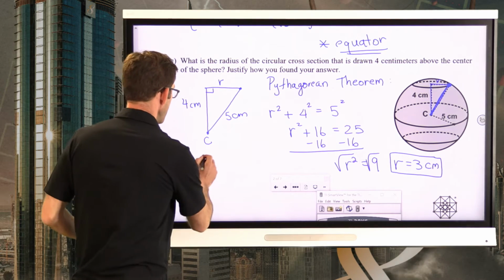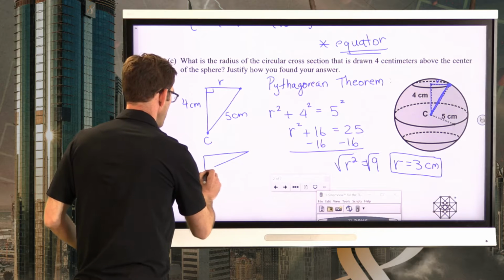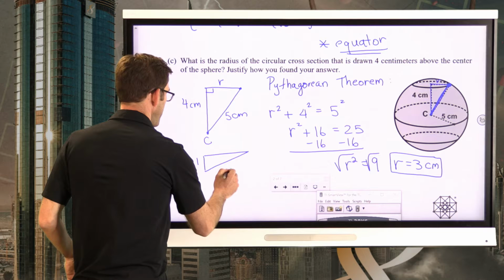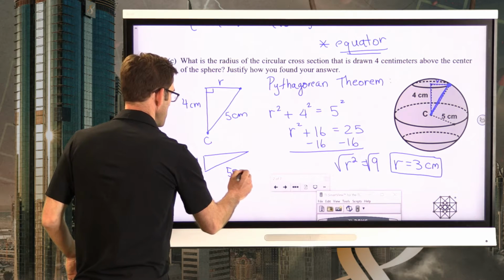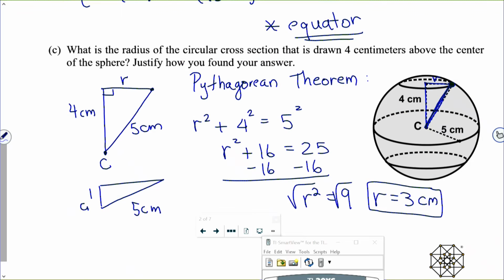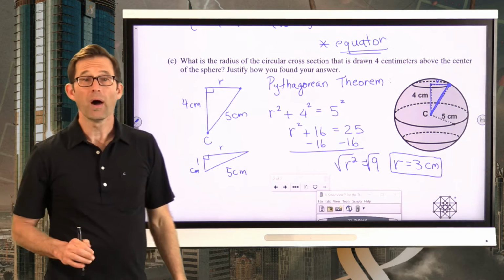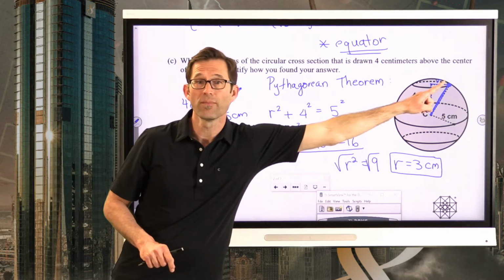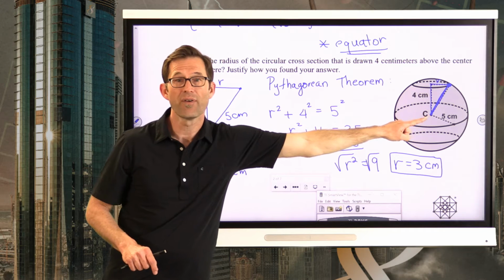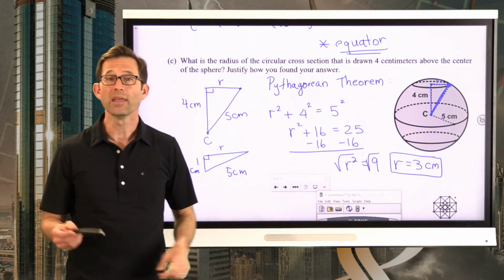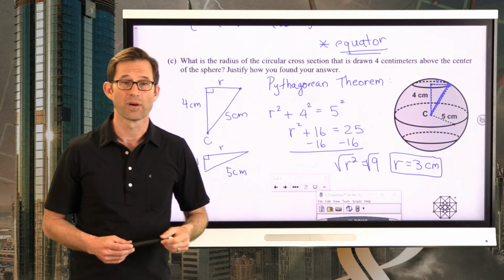The difference then is that the picture would look more like this. 1 centimeter, 5 centimeters, 5 centimeters, and then I'd have to find the R that way, right? But the whole point is that the point up here must lie 5 centimeters from that point, because all points on the sphere lie an equal distance from the center of the sphere.